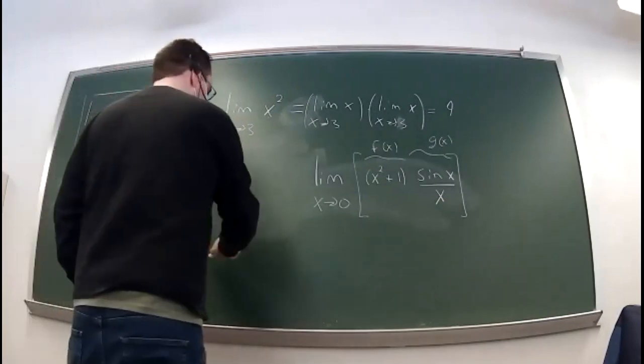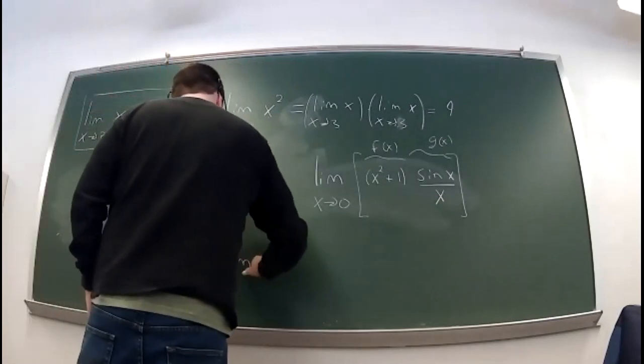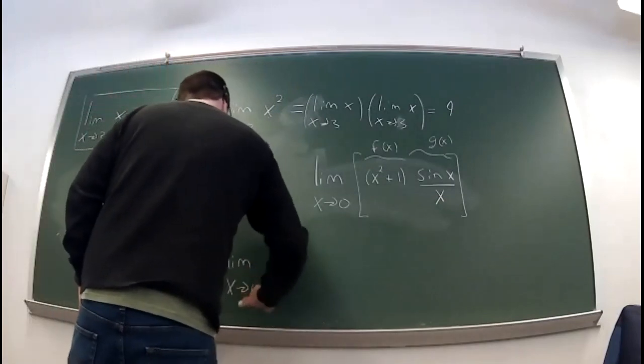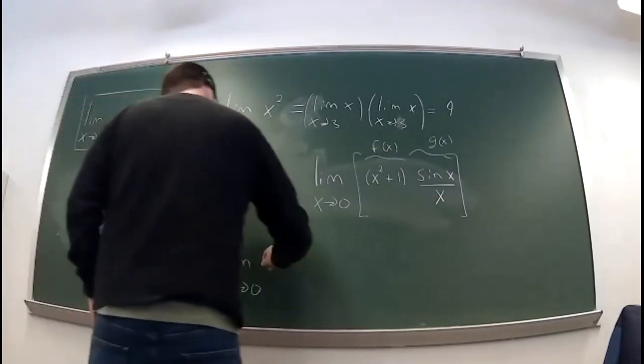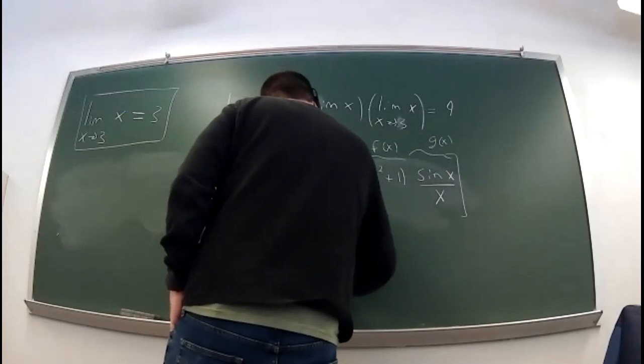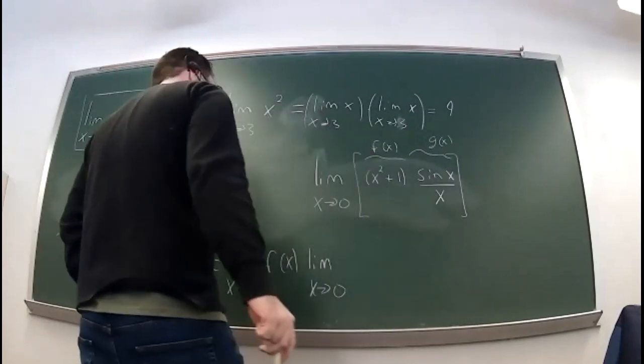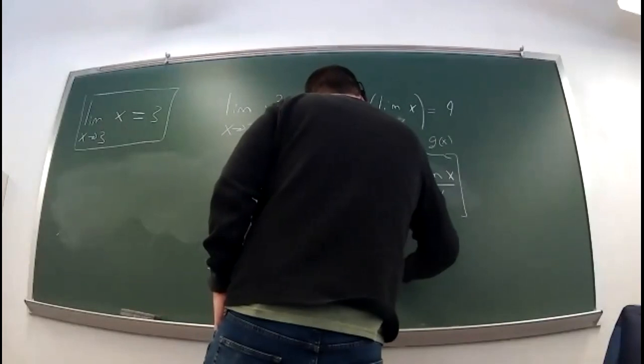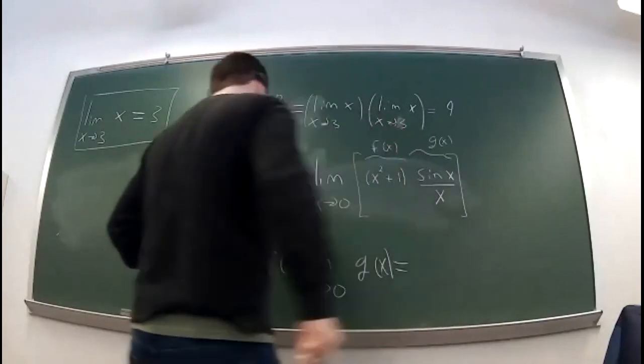And the limit law says that this is going to be the limit as x goes to 0 of f of x times the limit as x goes to 0 of g of x.